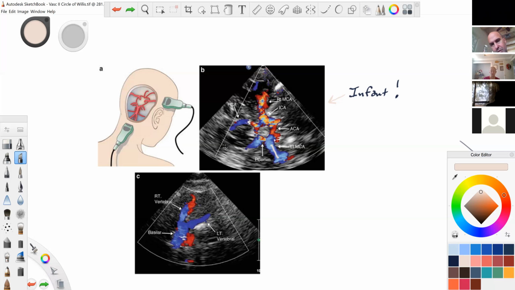Here, I'm going to split this baby right through the middle there. You can see that blood flow is first towards the transducer and then away. Just barely away, but away enough to make that color blue rather than red. So that's P1 is towards, P2 is away.